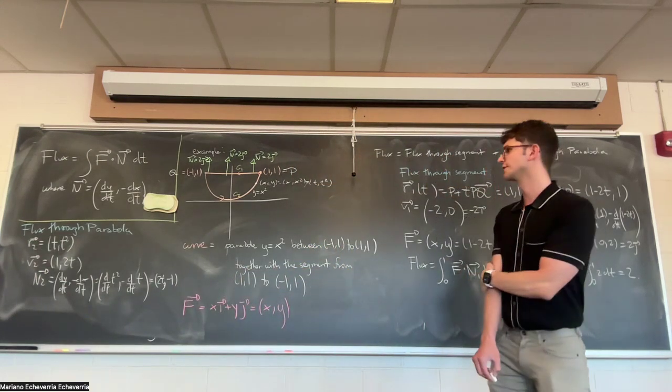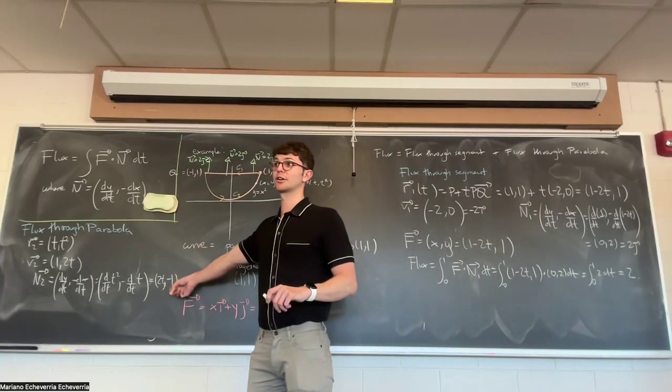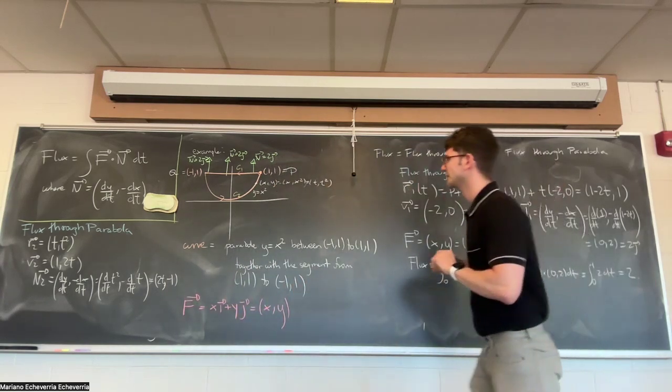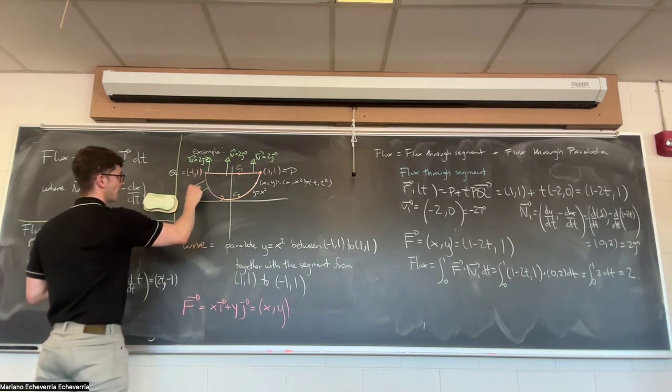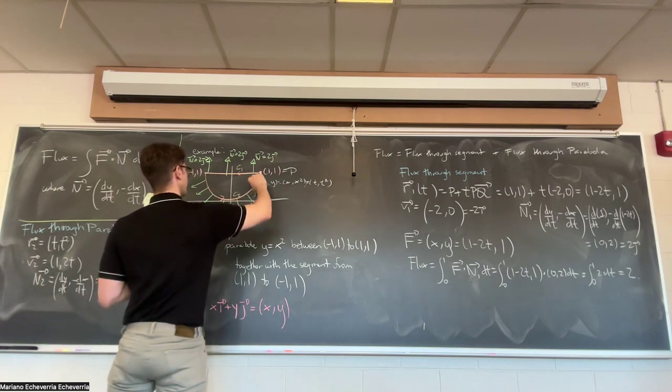That is the normal vector to this curve. You see, this vector always has a negative second component, so it's always pointing south in a sense. So it makes sense to be pointing away from the region.